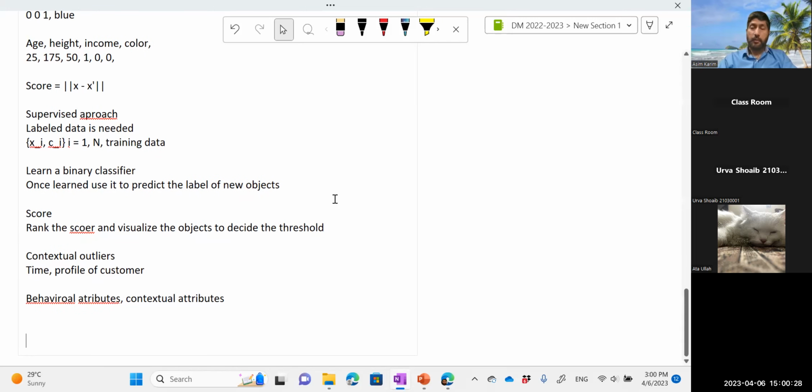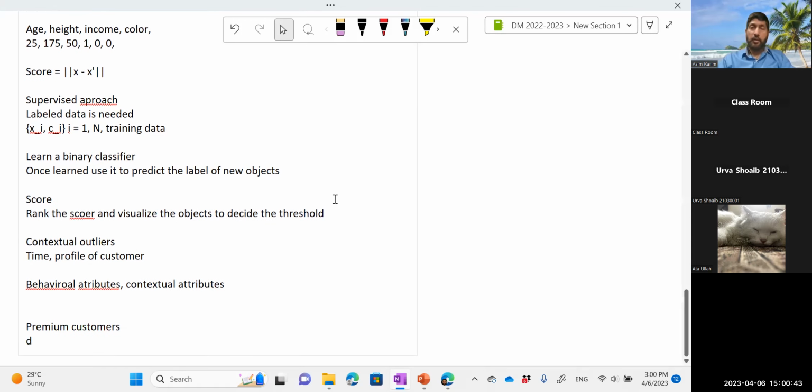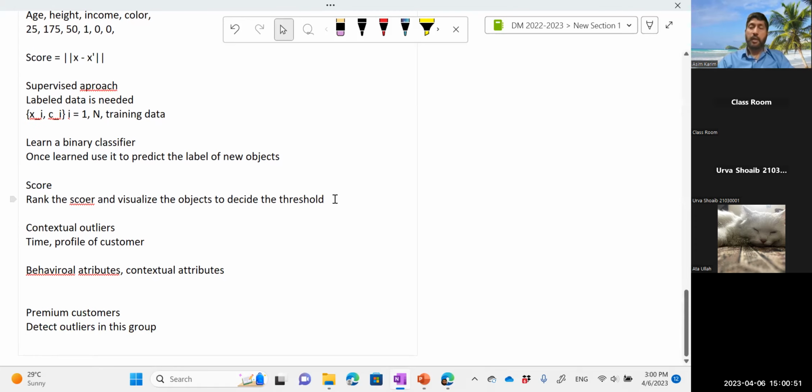So for example, just as a hypothetical example, let's say you found the group of premium customers. Okay? These are customers that are loyal to your company, they buy a lot, they buy frequently and so on. Now within this group you detect outliers, and you may find that most of the people buy, for example, groceries. These people buy groceries from you regularly, maybe in high volume as well.